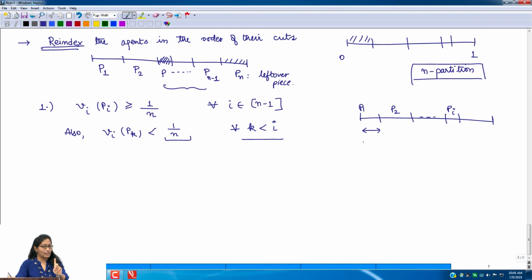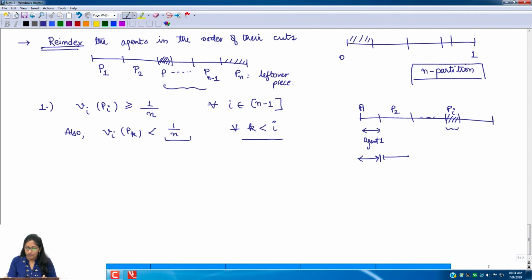He was not the first guy to shout out because at every cut we chose the leftmost cut, the argmin. So here agent 1 was the one who shouted out, which means that, focusing on agent I, his valuation for this particular piece must be less than 1 by n, right? His cut on this particular iteration was somewhere here. It was not here, right? Because he was not the argmin.